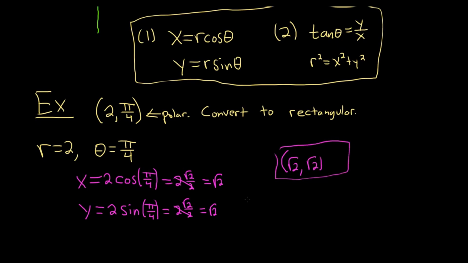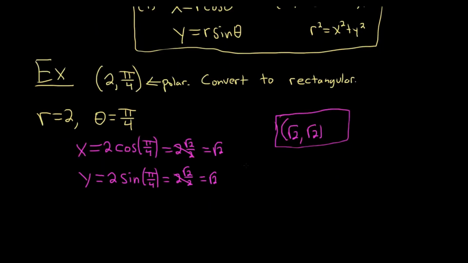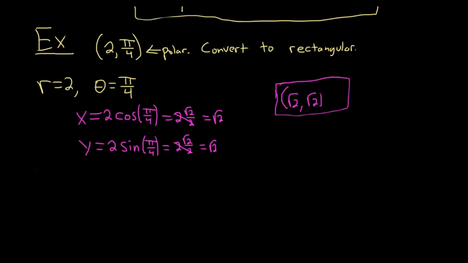Let's do an example of going backwards. Given the rectangular coordinates, let's find the polar. I'm trying to think of something nice here.